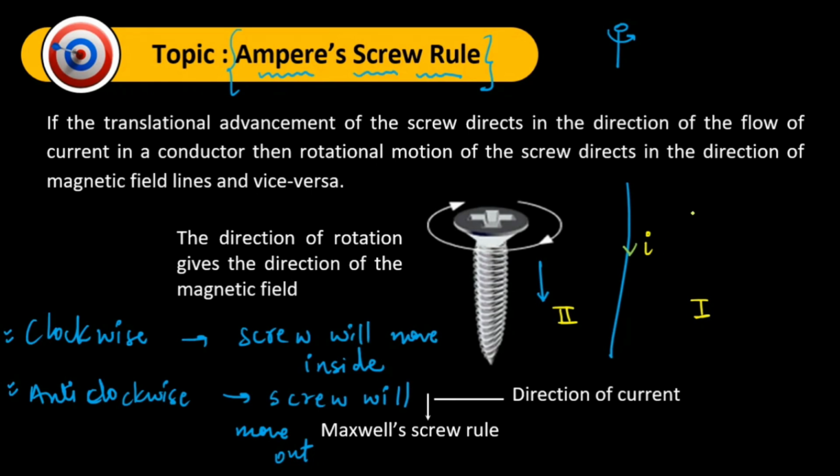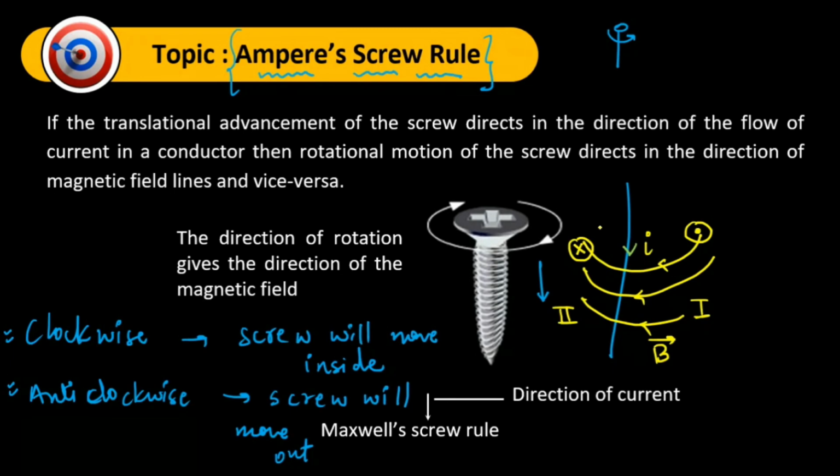Whenever we say magnetic field is coming out, we use the sign of a dot. In the second region, magnetic field is going inside, so it will be like a cross. This is the direction of magnetic field.